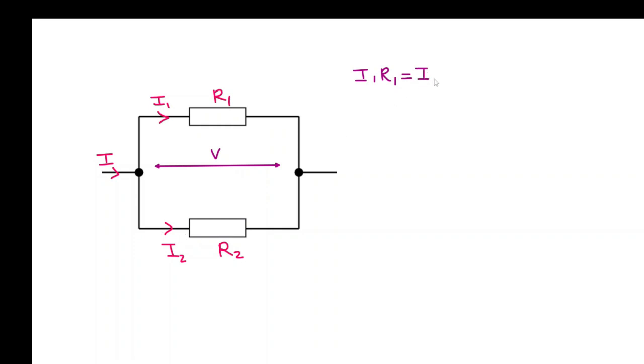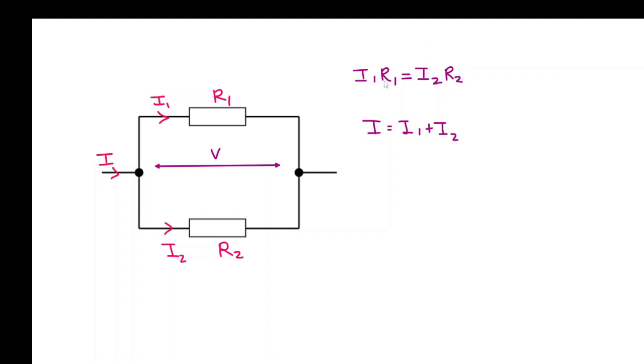So I1 R1 is equal to I2 R2. Also, because of the conservation of charge, in fact it's Kirchhoff's first law, the current coming into a point is equal to the sum of the currents going out from that point. So capital I is equal to I1 plus I2.